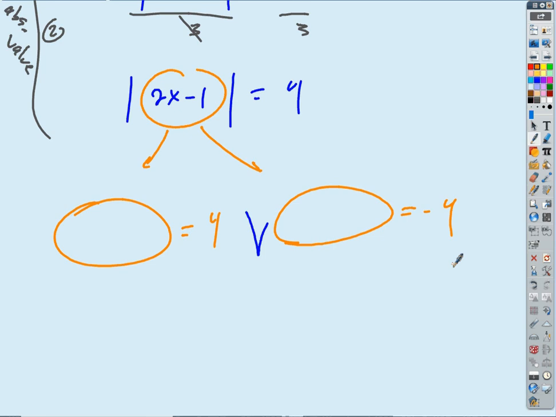We isolate the absolute value, then we trade the absolute value for the 2 equations. So the big step 2 here is 2 equations that we're going to solve. I get 2x minus 1 equals 4, 2x minus 1 equals negative 4, and I just solve and I get 2 answers. No big deal, okay?